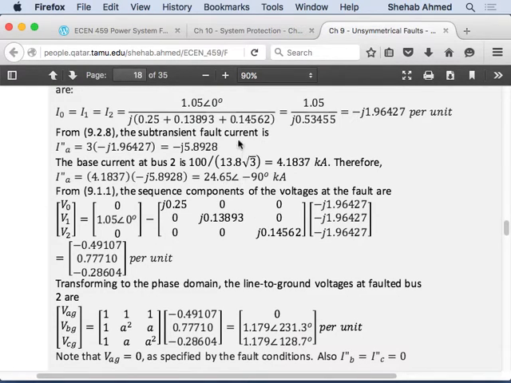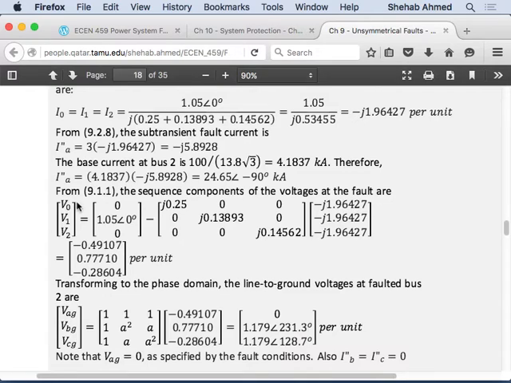So they had a base current in a certain region at bus 2, and they multiplied the value of the phase A current at this bus. This was the per unit value sequence, and this is the per unit value phase, and they converted that to actual value phase currents by multiplying by the base.